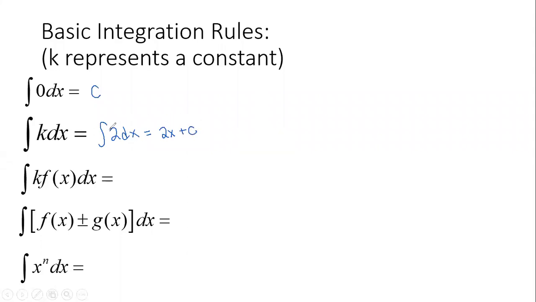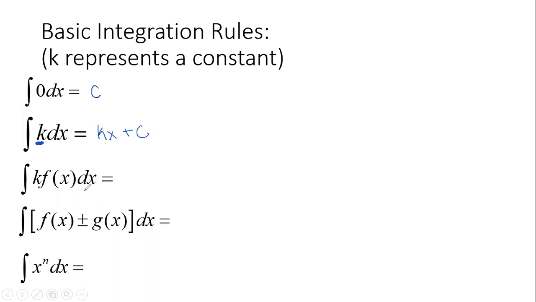Now that's for a specific example. I want to make sure that we have our general formulas here. So anytime that we have the integral of k dx, we can rewrite this as kx plus c. So anytime you have just some number, its integral is going to be kx plus c.